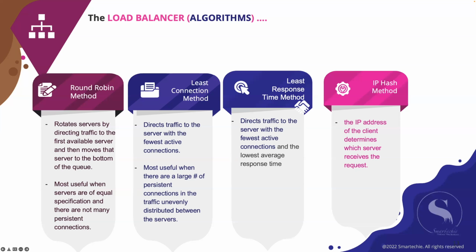And the other one is the hashing method. The hashing method makes decisions based on a hash of various data from the incoming packets. This includes connection or header information such as source and destination IP address, port number, URL, or domain name.